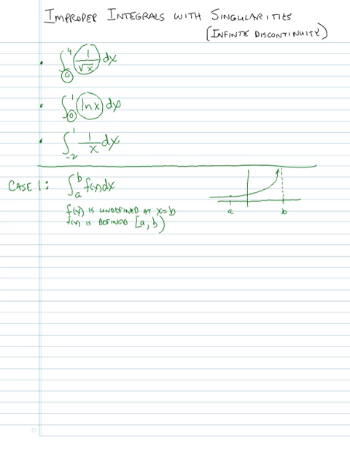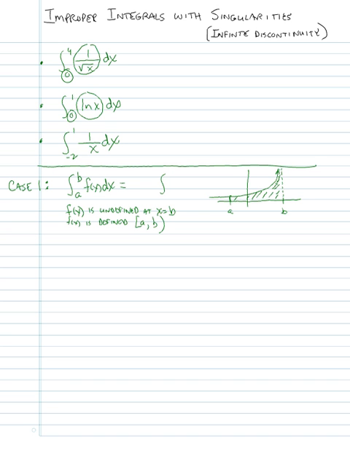So that's what we mean by infinite discontinuity. It's not defined at B, and B is basically a vertical asymptote. So if we were thinking of this geometrically, we're looking for an area, in this case, where the area is unbounded in the upward direction. It could be unbounded in the negative direction as well. Okay, but we're looking at something like that. So here's how we calculate it.